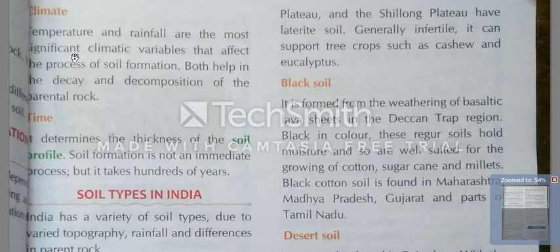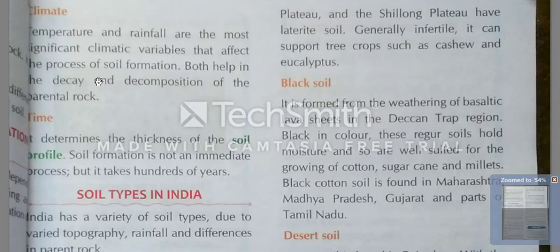Decomposition means rotting, breaking down. Parent rock is very solid, unweathered rock, so it is necessary that there should be temperature change and rainfall. Water should reach there, and through this they will decay and decompose. So climate plays a very important role.